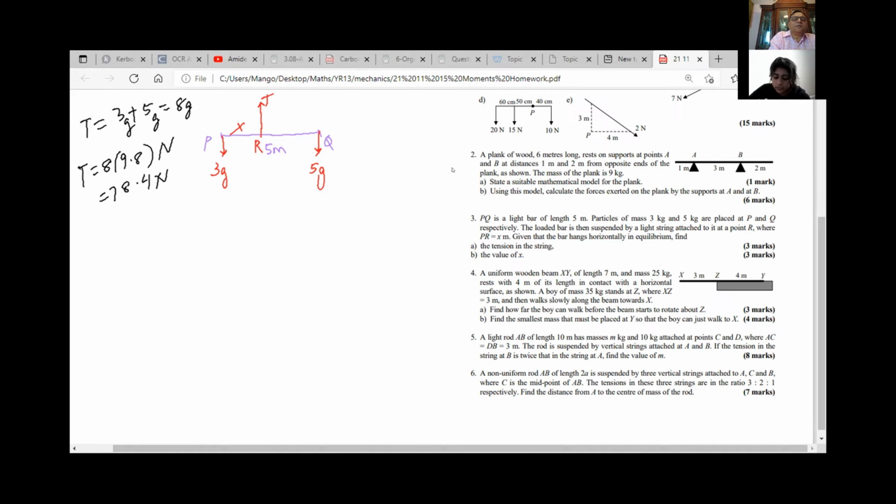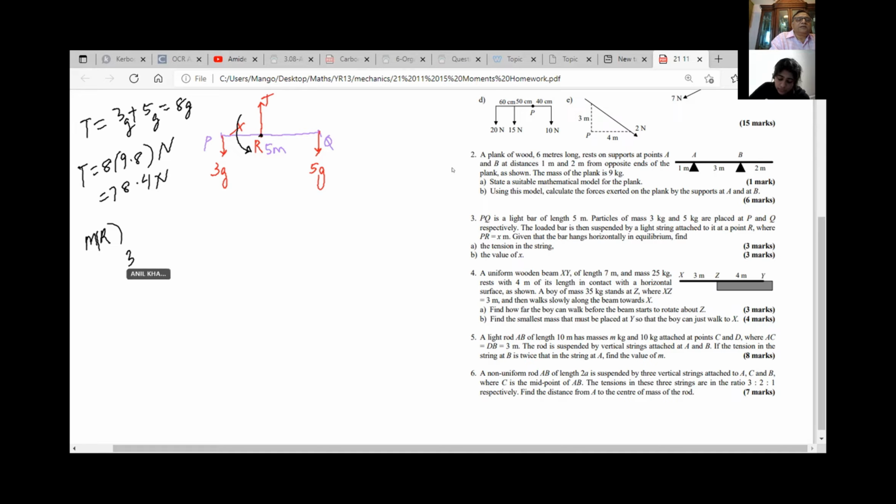Now, since it is in equilibrium, we can take the moments about R, correct? So we're taking moments about R. This 3 will cause a counterclockwise moment, so it should be equal to the clockwise moment, right? So we say the two moments should be equal.